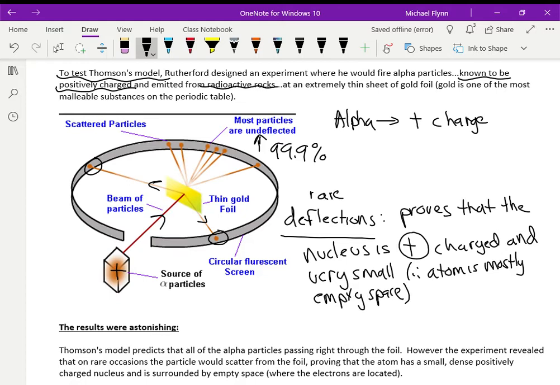So here's the deal. You can't have the blueberries in the batter. If the blueberries are in the batter, then the nucleus of the atom would be neutral. And if it's neutral, the alpha particle will go right through it, because charged objects are attracted to neutral objects. And so it'll actually go right through it like it's not even there.